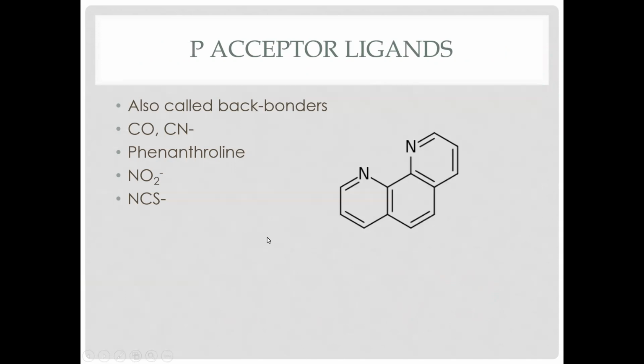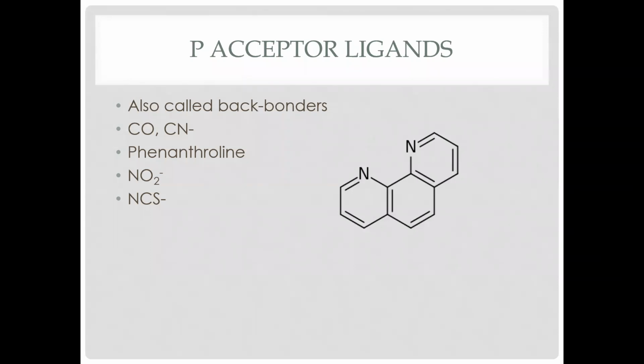All right, so pi acceptor ligands include ligands that have double bonds, or triple bonds, like carbon monoxide or cyanide. Now, this wouldn't work the same way if I had electrons that were filling those upper orbitals. So it kind of has to have a pretty specific scenario.